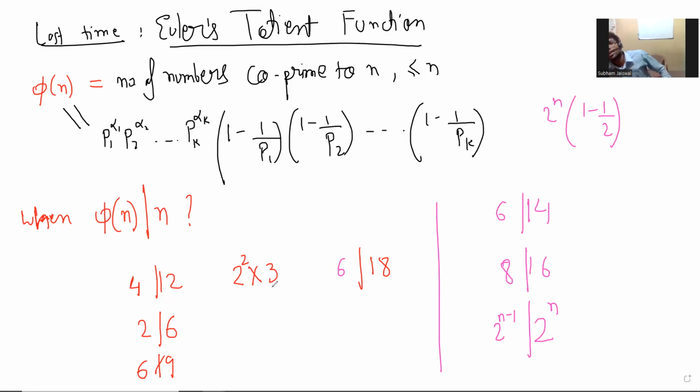Can you find a number which doesn't have 2 as a prime factor and it works? Because what I see common so far is that 2 is a common factor.